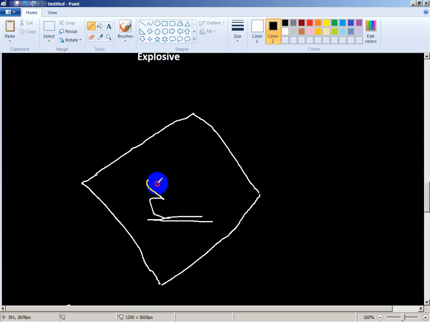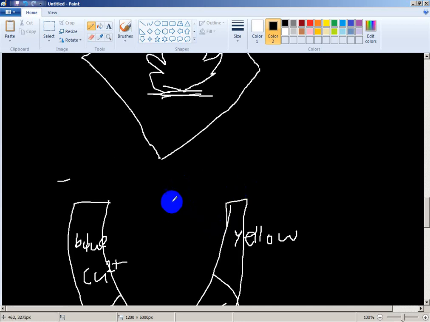Then you draw the flame sign. Okay, this is the flammable sign.